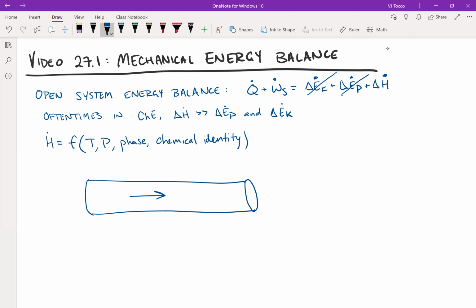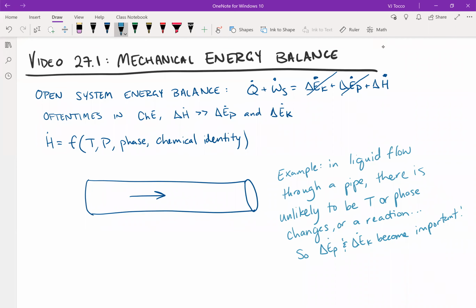However, as I've noted before from looking at the steam tables, the enthalpy of a liquid is not a strong function of pressure. It's more of a weak function of pressure. So therefore, for an application like this, where I don't have a delta H, changes in kinetic and potential energy may become more important. So that's the rationale for why we'd want to derive the mechanical energy balance.